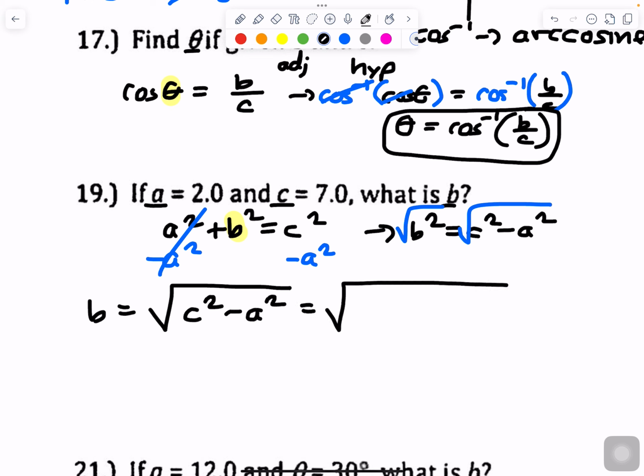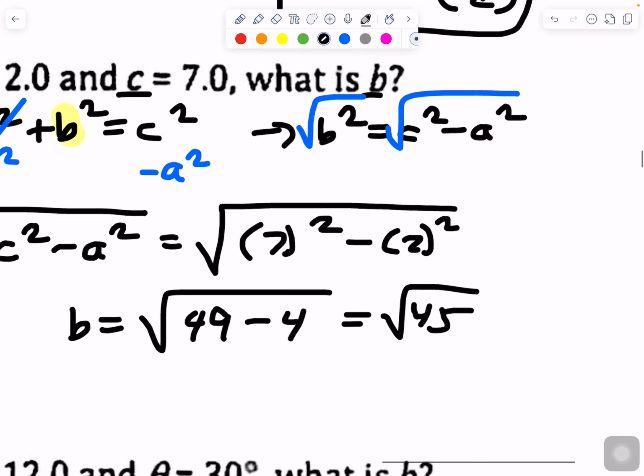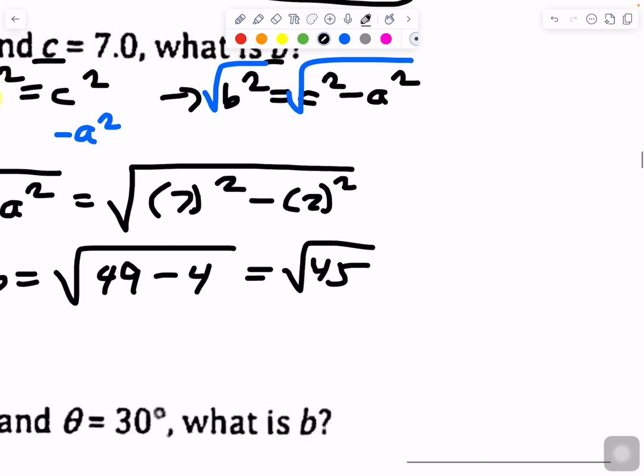But now you plug in. What was C? It was 7 squared, minus, what was A? 2 squared. 7 squared would be 49, minus 2 squared is 4, would be the square root of 45. Now in a math class, you learn what's called simplifying the root.